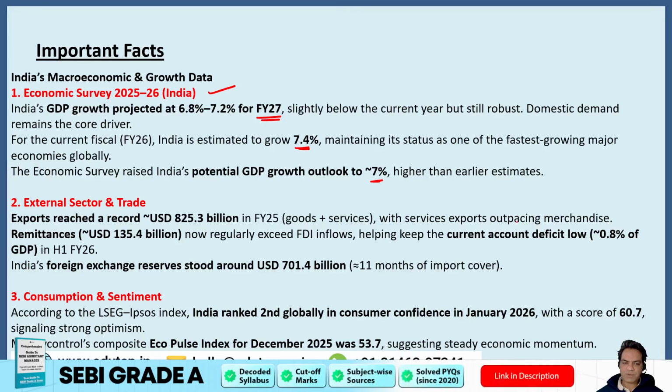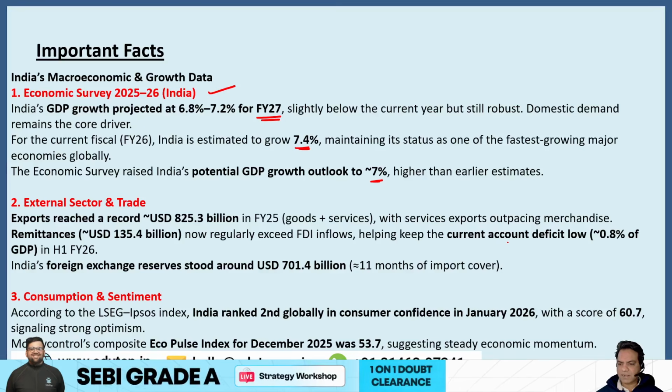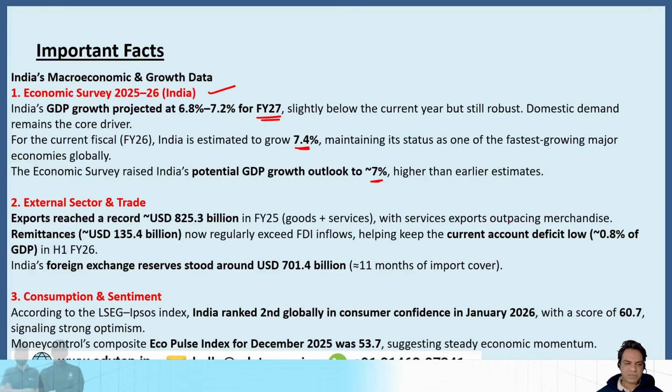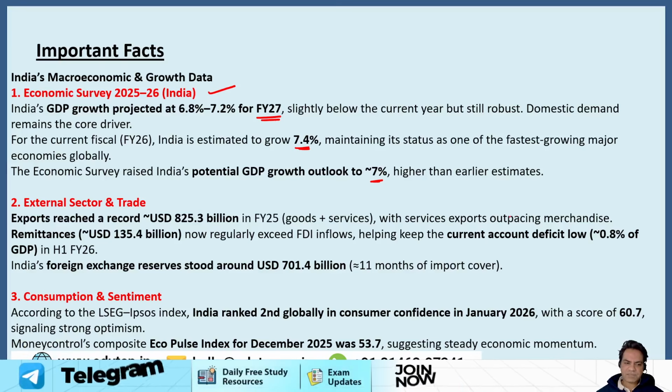Remittances of $135.4 billion now regularly exceed FDI inflows, helping keep the current account deficit lower, which is approximately around 0.8% of GDP in the first half of fiscal year 26. India's foreign exchange reserves stood around $701.4 billion, equivalent to 11 months of import cover.